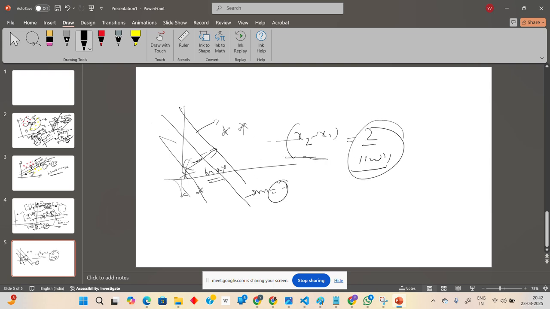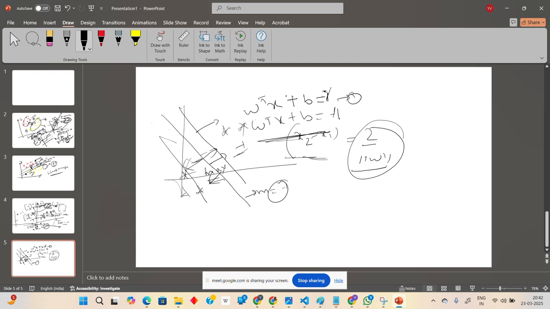So let us consider this equation is W transpose x plus b equal to minus 1, because you know that above, these points are all minus. That is equation number 1, and this is all plus ones we are getting: W transpose x plus b is equal to plus 1. This is equal to minus 1, this is equal to plus 1.